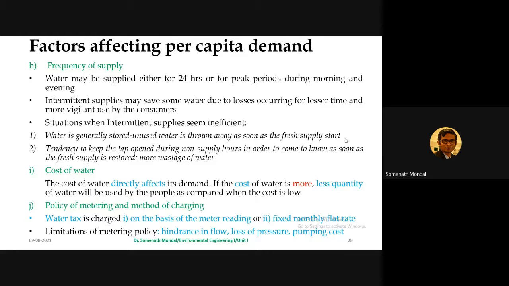There will be huge savings, since they would also tend to utilize water meaningfully, as that water is coming through the metered water supply. So that is very important.